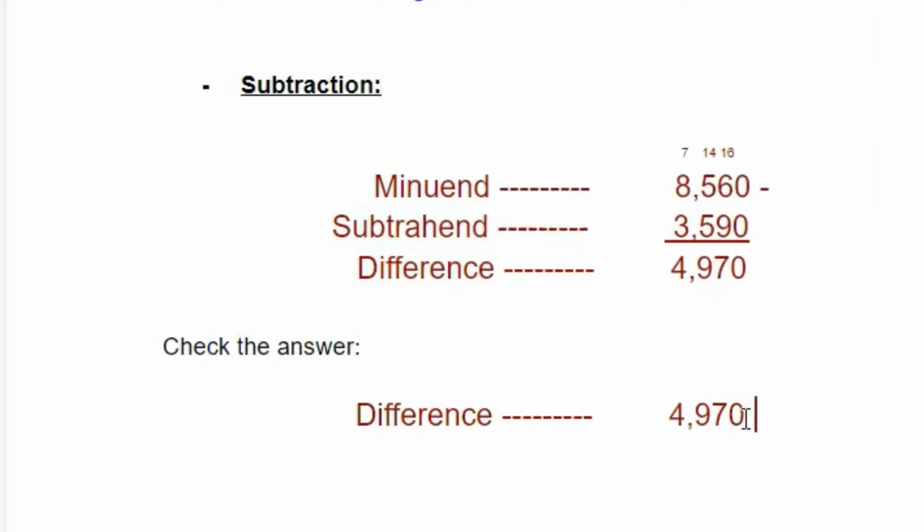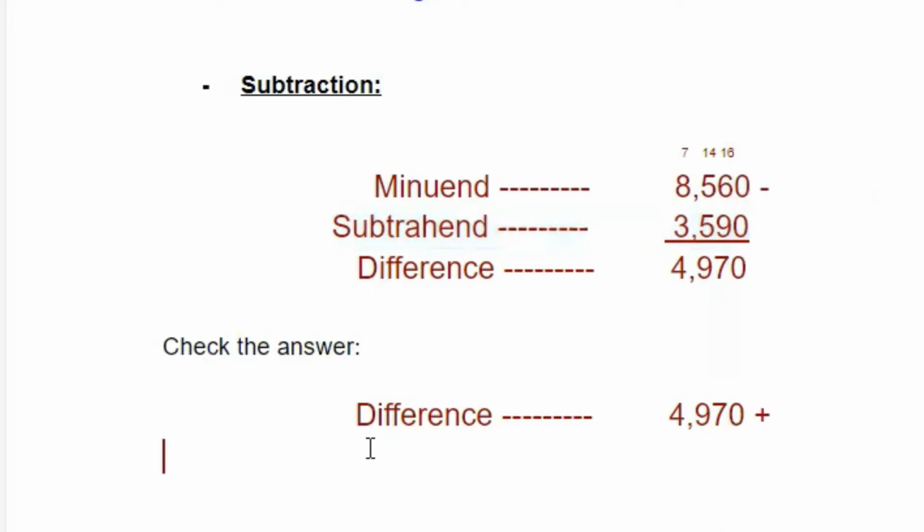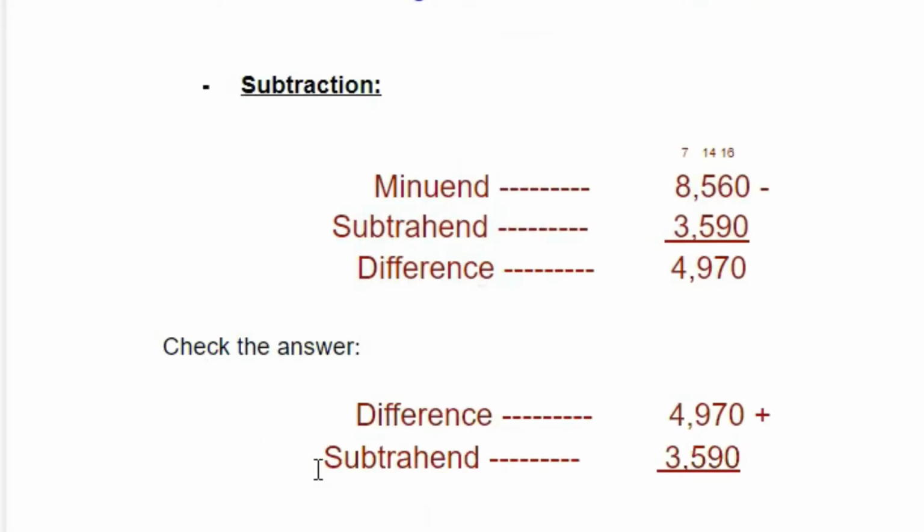And then we make an addition. The number we're going to add is the subtrahend, which is going to stay in the same place. Here it is, the subtrahend.